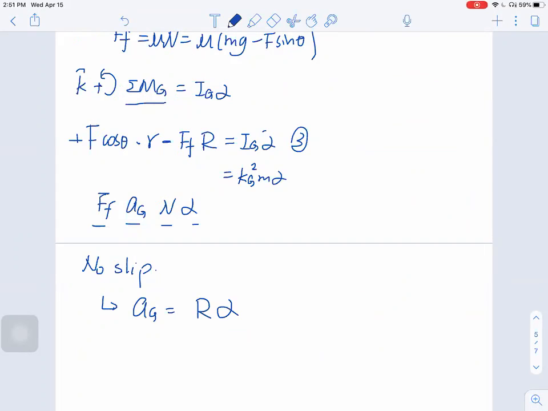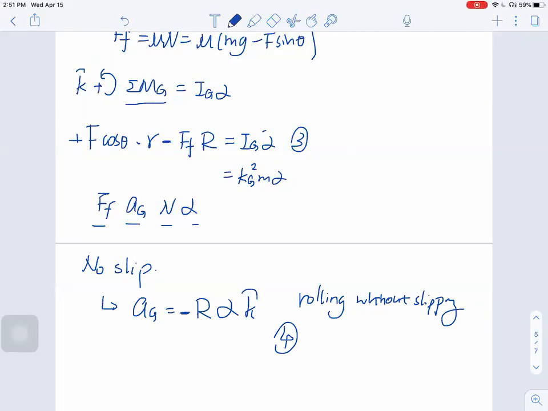Let's use this instant center method, and it's rolling without slipping. And this will give you one more equation.